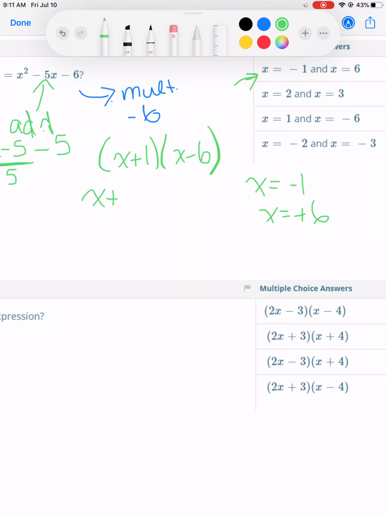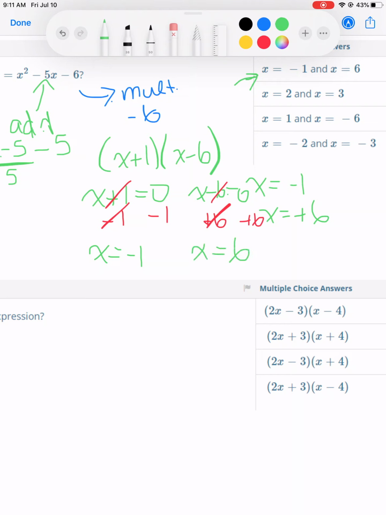So it's x plus 1 is equal to 0, x minus 6 is equal to 0. Remember, we have to get x by itself, so +6 plus 6, those two cross out. X is equal to -1, x is equal to +6.